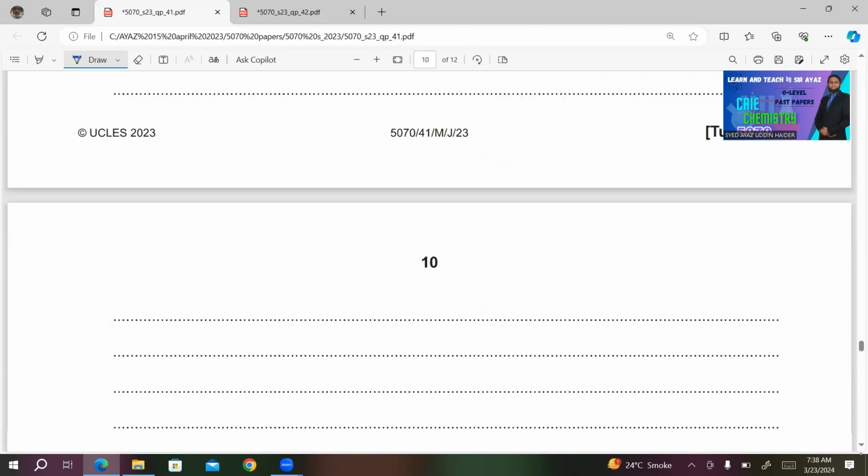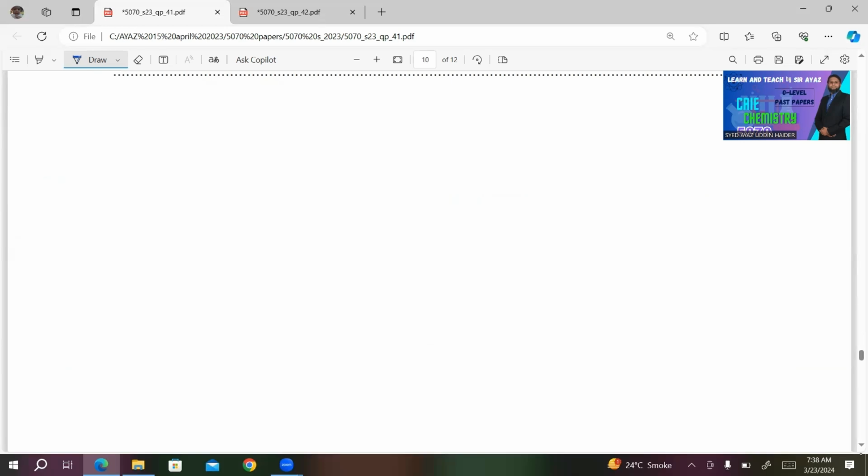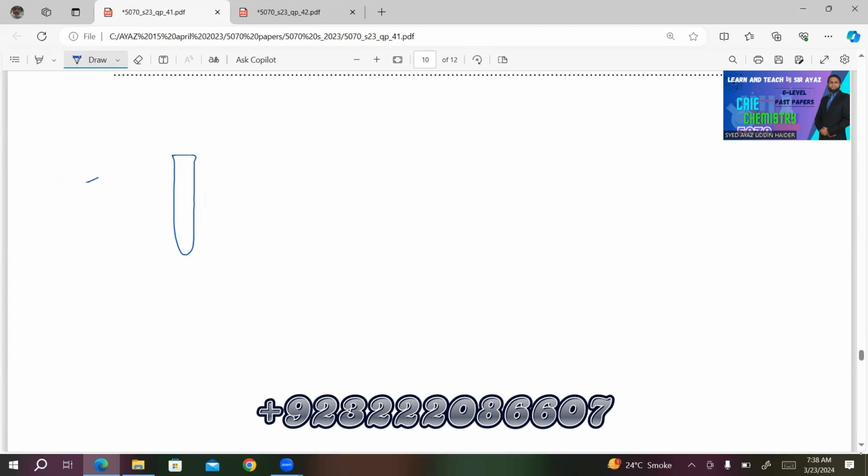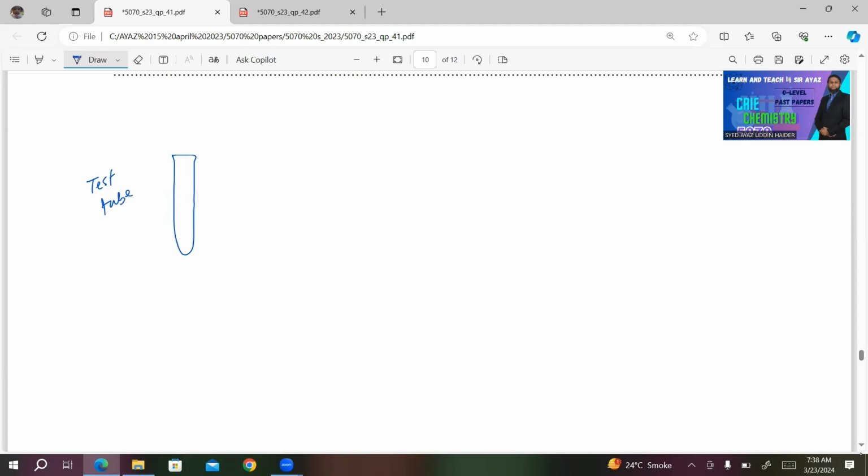Now coming to the apparatus. Now what apparatus you can draw? You can draw the balance. If you want, you can draw the balance here, or you can draw the test tube. I'm drawing the test tube here, but you have to label the diagram. This is test tube. Or you can even draw conical flask.